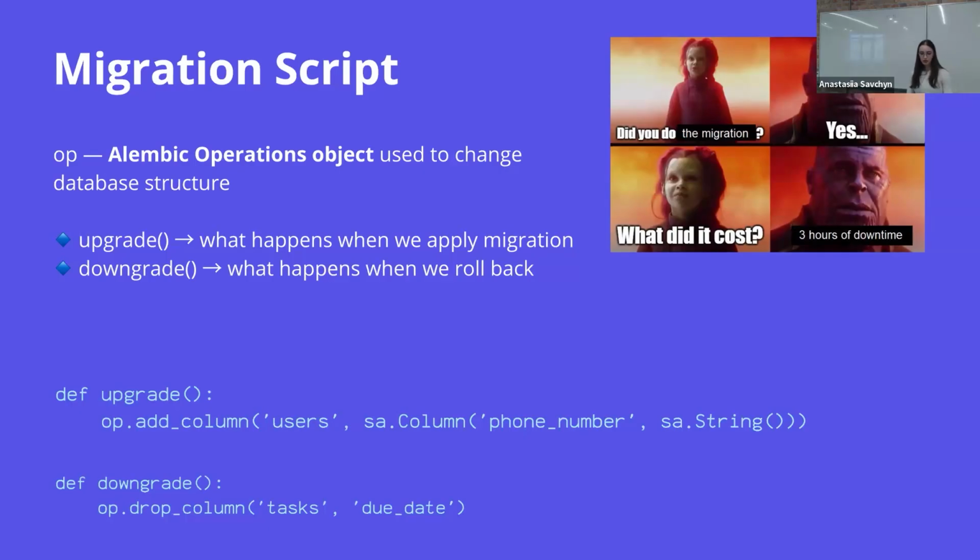And again, upgrade is what happens when we apply our migration, and downgrade is what happens when we roll it back. And here you have a really short example with adding a column phone number that we needed at the very beginning. And of course, you can also have your downgrade that will drop that column from your database.